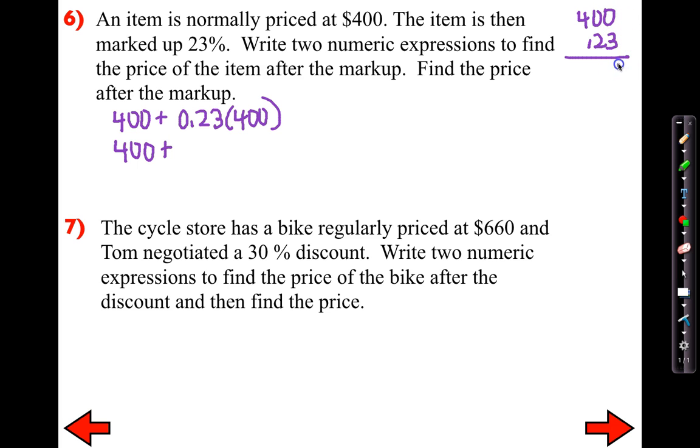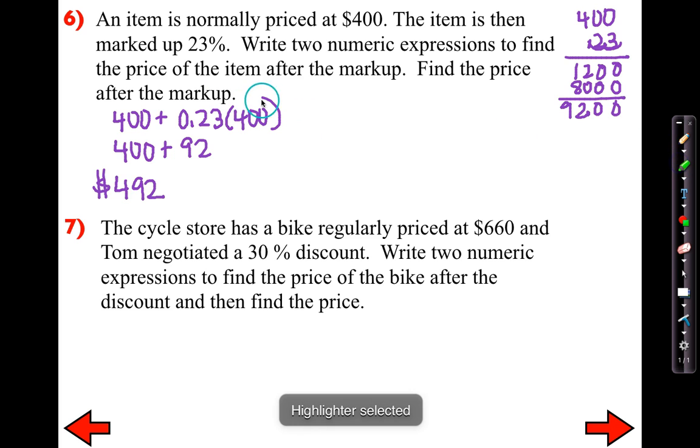Multiplying that out, moving the decimal places 2 over, gives 92. So it's going to cost $492 after the markup. If they bought it for $400, they're profiting $92, which is pretty good.